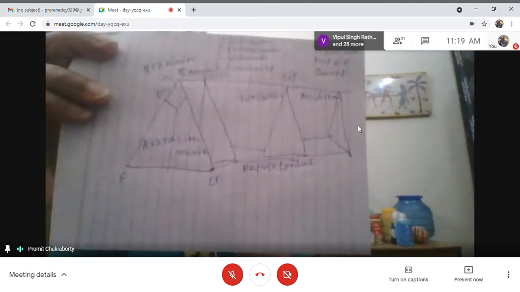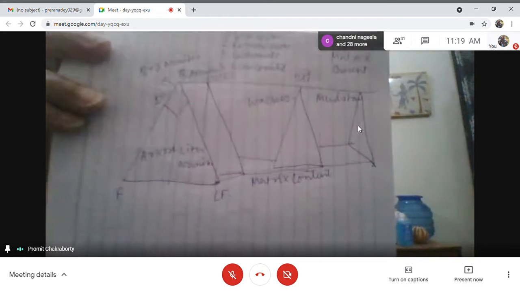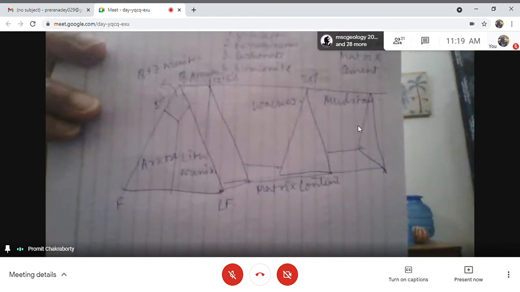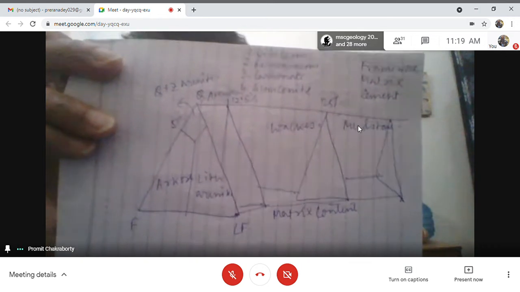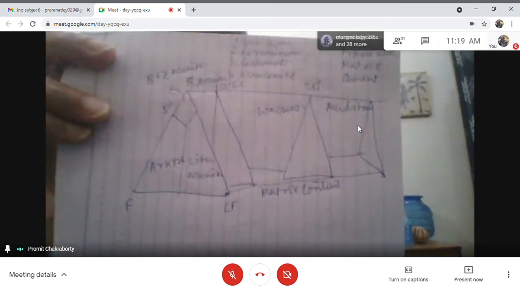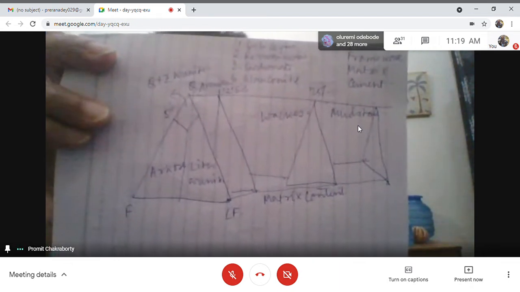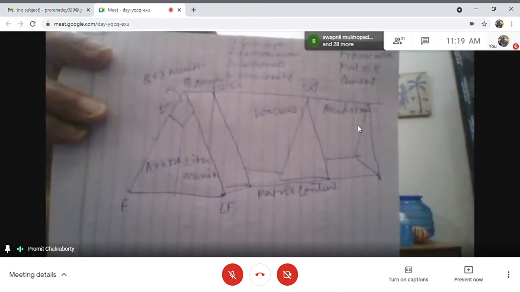This is a known figure to all of you, a very well-known figure. I have just redrawn it to show you that this is a prism, and I have cut different sections of the prism.